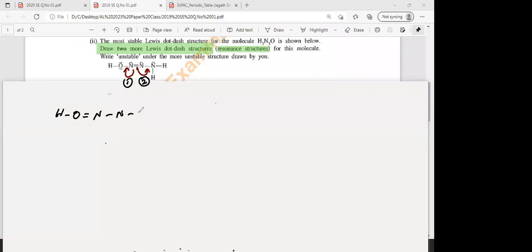Then NH2. There are 3 nitrogen atoms, NH2. That is one. The other one, H O N N. Here you put a double bond, NH2. NH2. Right. So you get here a lone pair on this.